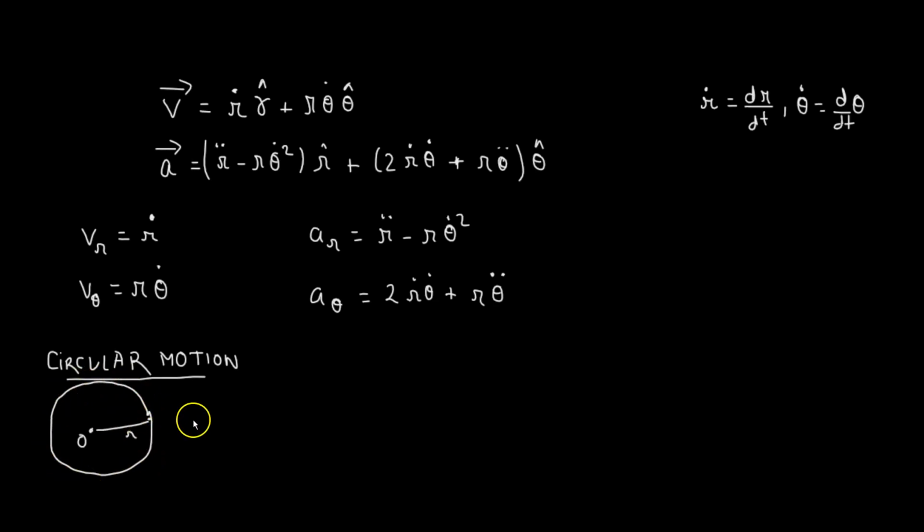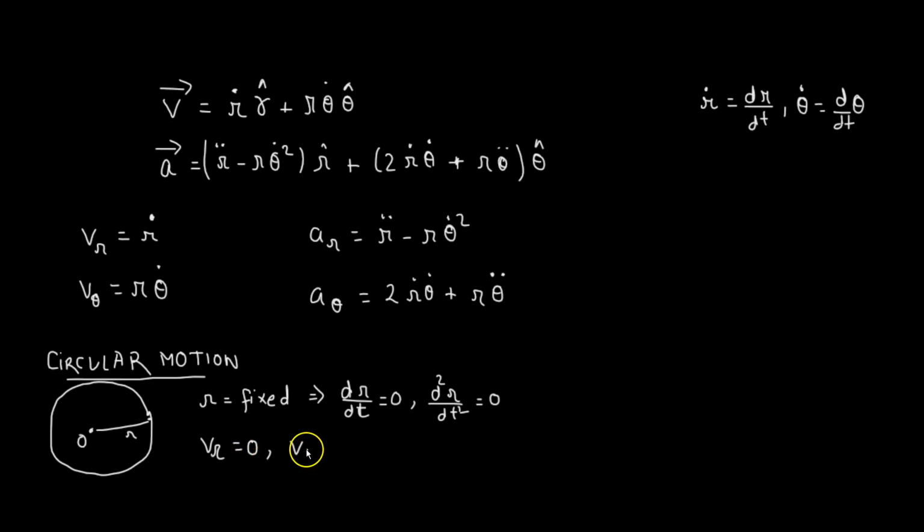Since it is moving in a circular path, the distance r is fixed. So it immediately follows that dr over dt equals 0, and the higher derivatives as well, so d square r over dt squared will also equal 0. That means the radial part of the velocity, v of r, which is r dot, the time derivative of r, will be 0.